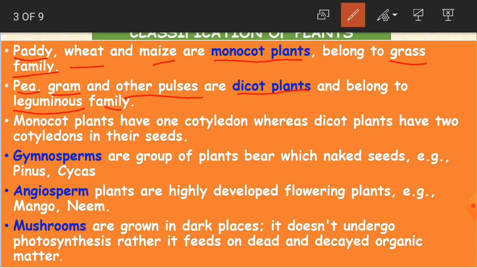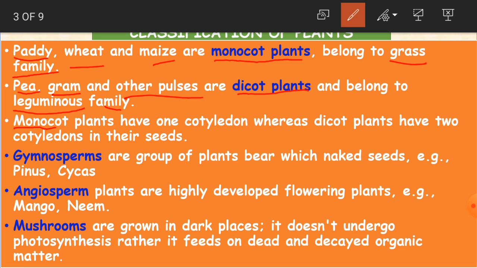And now what are monocot plants? Monocot plants have one cotyledon, whereas dicot plants have two cotyledons in their seeds. Okay, monocot plants are what, children? Grass family plants. What do they have? They have one cotyledon. What is a cotyledon? It is a seed leaf within the embryo of a seed. In the sense, you know what an embryo is, children? An embryo is a baby plant in the seed. Now we already learnt that a seed has an embryo, that is, it has a baby plant.